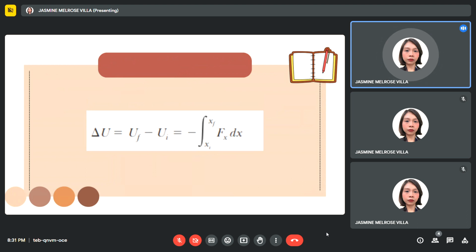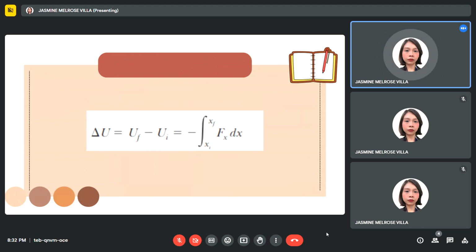Therefore, the potential energy is negative when F sub x and dx are in the same direction, as when an object is lowered in a gravitational field or when a spring pushes an object toward equilibrium. It is often convenient to establish some particular location x sub i of the member of a system as representing a reference configuration and measure all potential energy differences with respect to it.